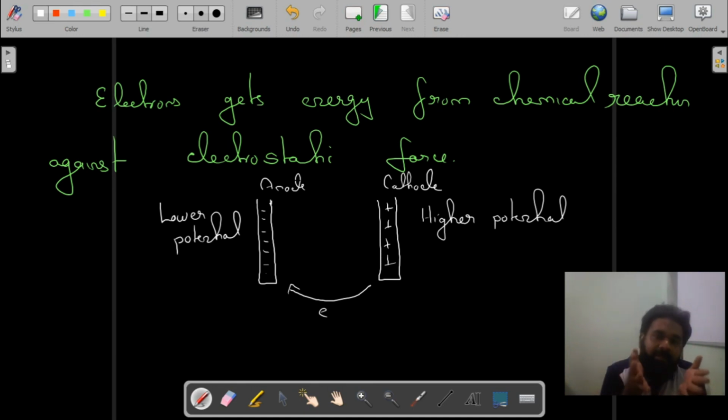But inside the battery, meaning the two electrodes that are dipped inside the electrolyte, the electron is moving from higher potential to lower potential, exactly opposite of what is happening outside, and current is moving from lower potential to higher potential. This is an important point, you must note this.